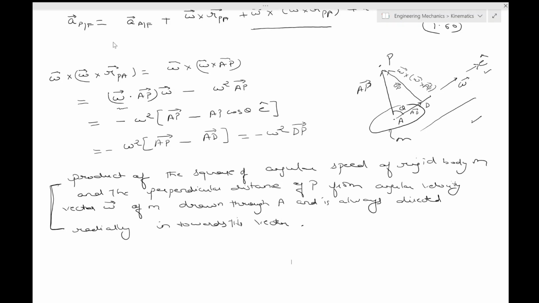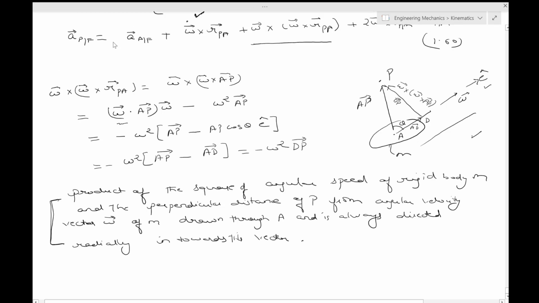Okay, so this term omega cross omega cross AP has a name which you are all familiar with. It is called the centripetal acceleration. Centripetal means center seeking.